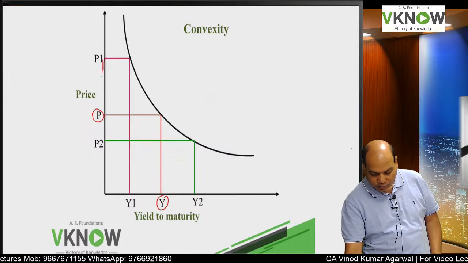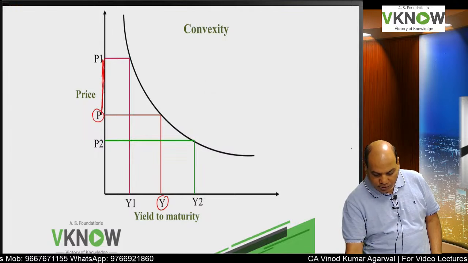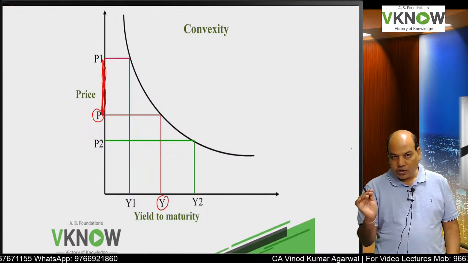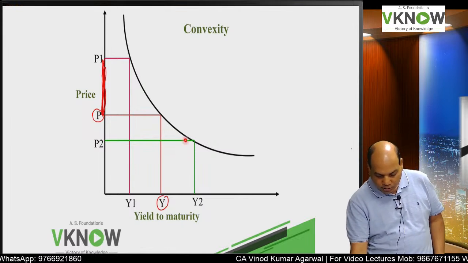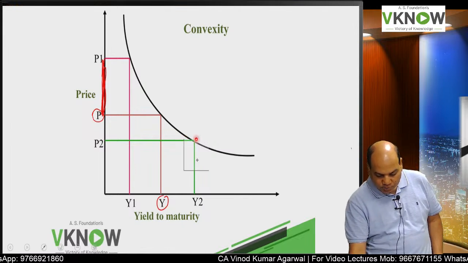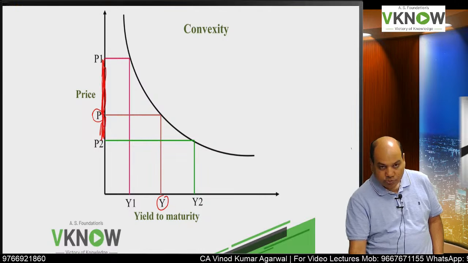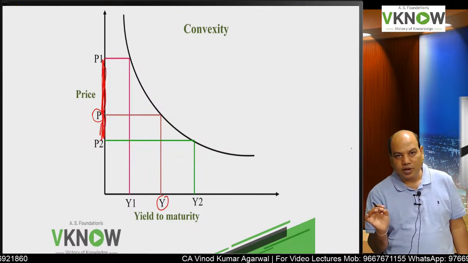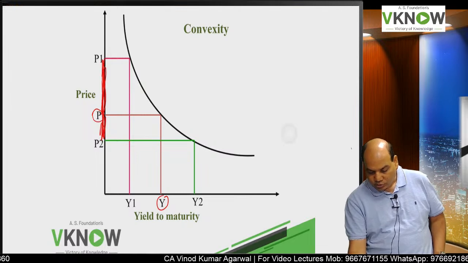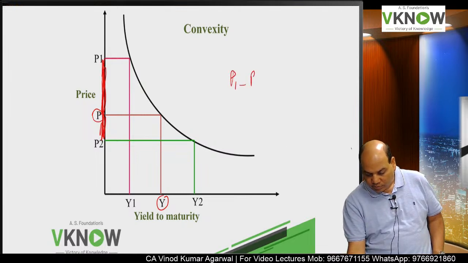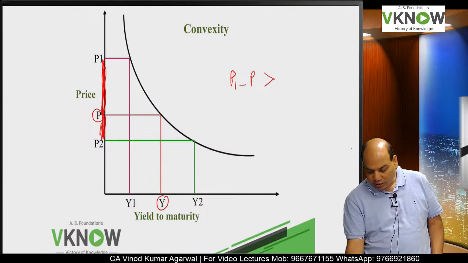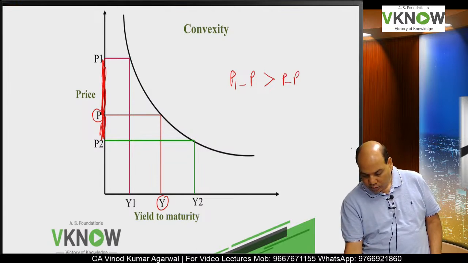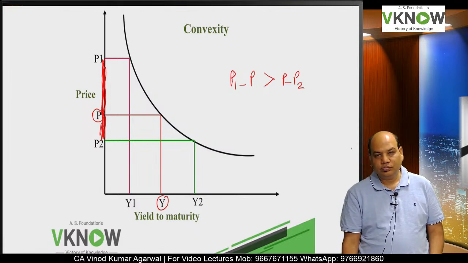You can see here this P1 minus P is the change in bond price when YTM falls, and this P minus P2 is the change in the bond price when YTM increases. So can you say P1 minus P, in this diagram you can easily see, is greater than P minus P2.